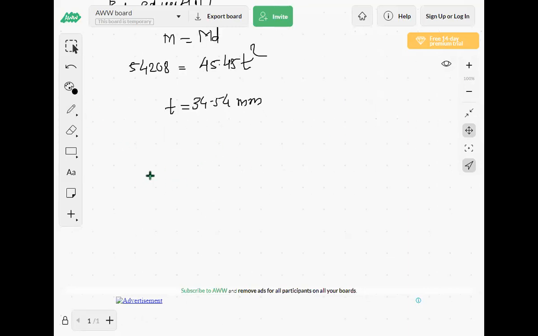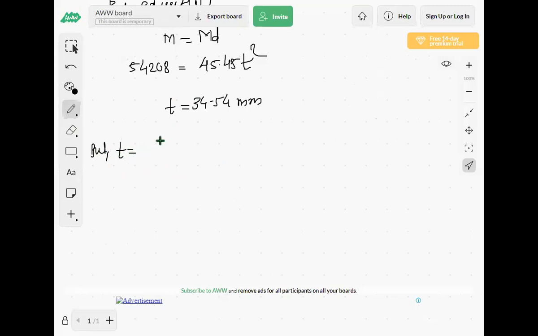So now this is the thickness of plate. Please see here what I am writing.